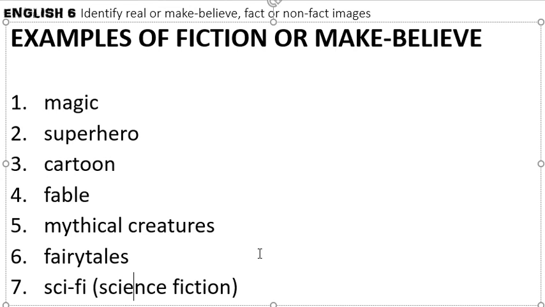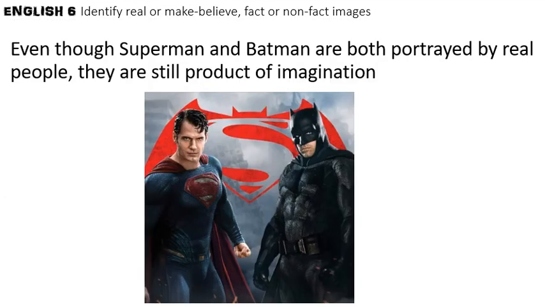Okay. Now, with superheroes, you might get confused in this case. For example, even though Superman and Batman are both portrayed here by real people, they are still products of imagination, because there is no Superman who really existed in our world. Among all superheroes, Batman is considered the closest to reality because he only uses science and technology in fighting in Gotham City.